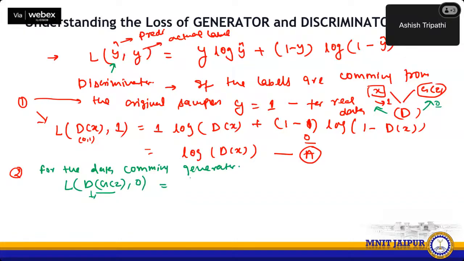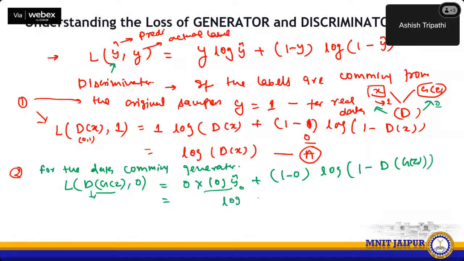The first term is going to be 0, because I have to put actual label as 0. 0 times log of y hat, no issue, plus 1 minus 0 times log of 1 minus D of G of z. Got it now? This term will become 0. This has to be log of 1 minus D of G of z. So I am saying that this is the B part.